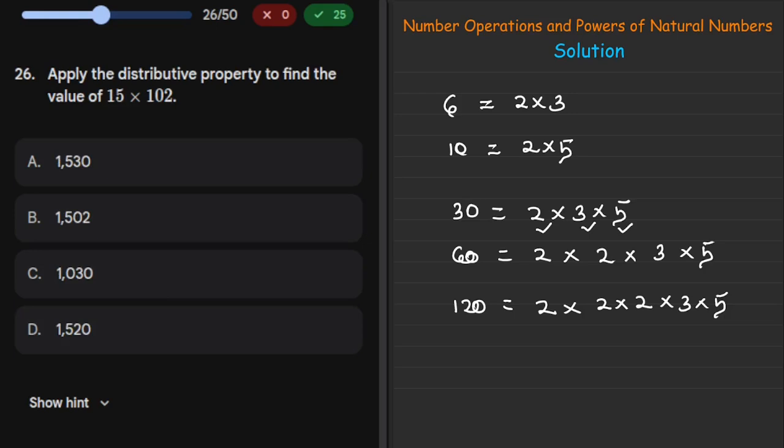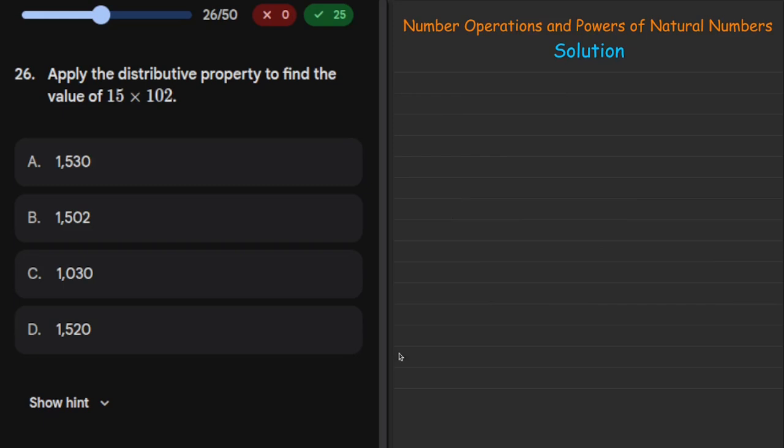Question number 26. Number 26 says we have to apply the distributive property to find the value of 15 times 102. You see? So applying our distributive property, what do we know? We have 15 times, so instead of the 102, we can write 100 plus 0 and then plus 2.